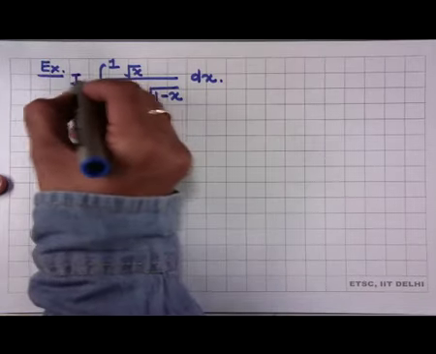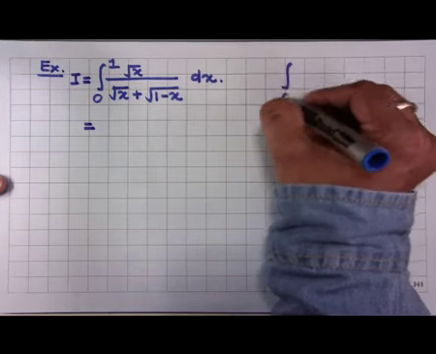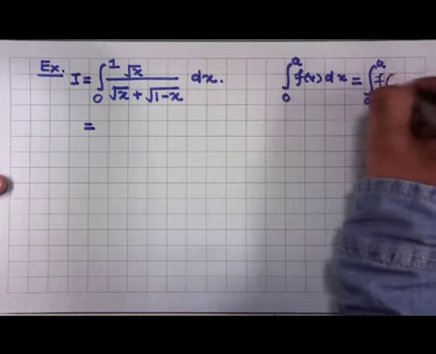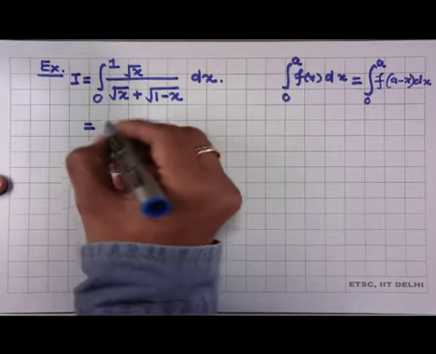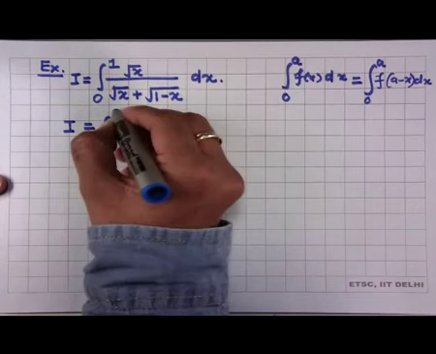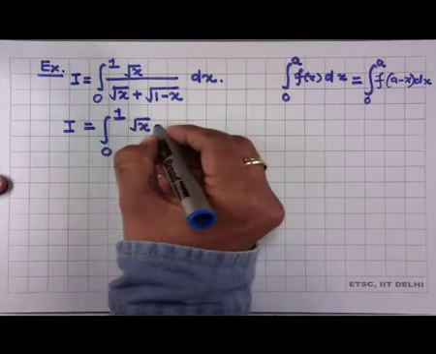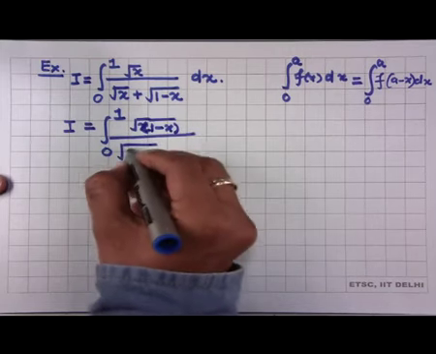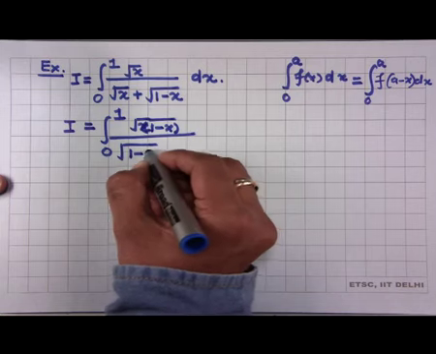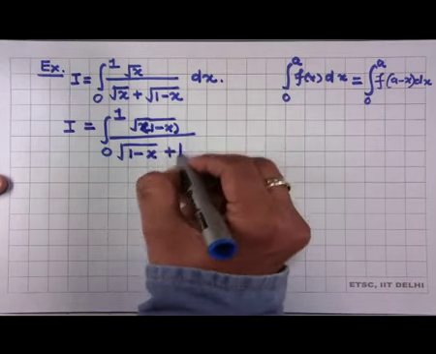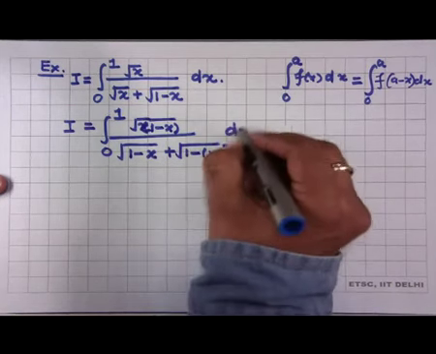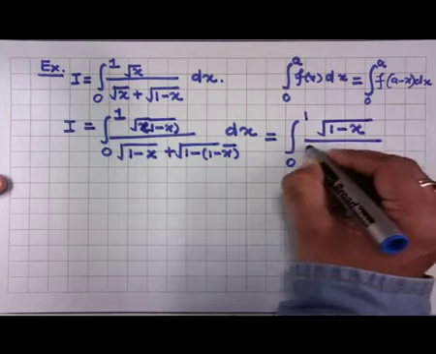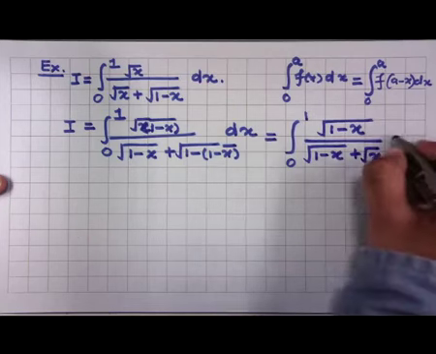So say this is I, so by using the property that 0 to a f(x) dx is the same as 0 to a f(a minus x) dx, I is equal to the integral from 0 to 1 of root 1 minus x over root 1 minus x plus root x dx.